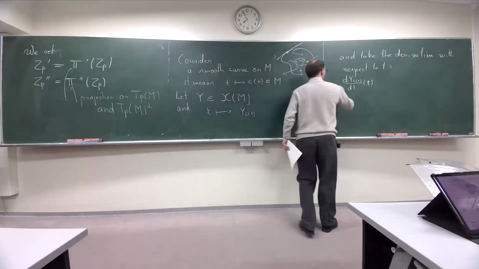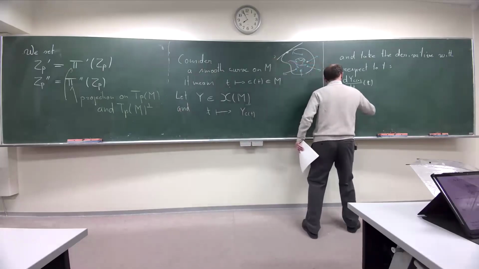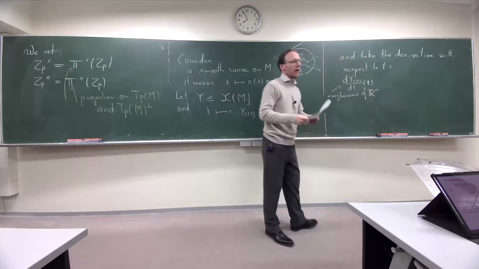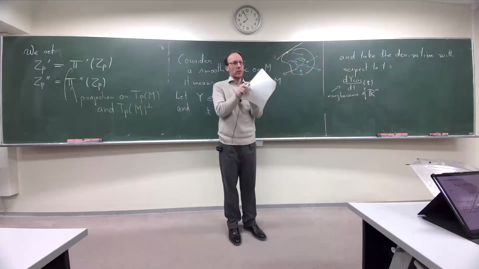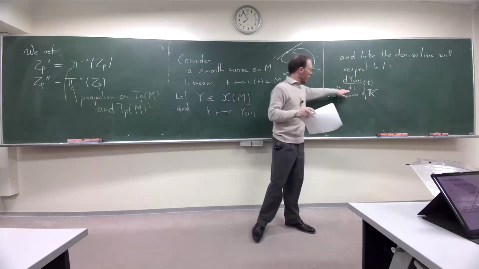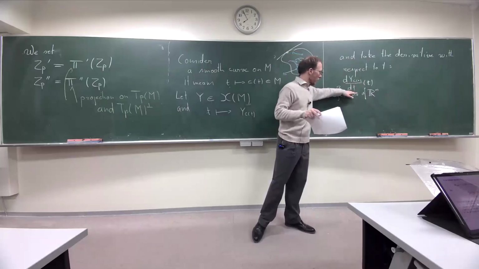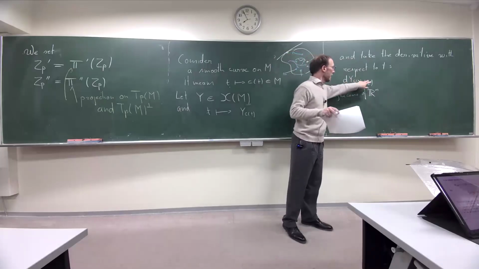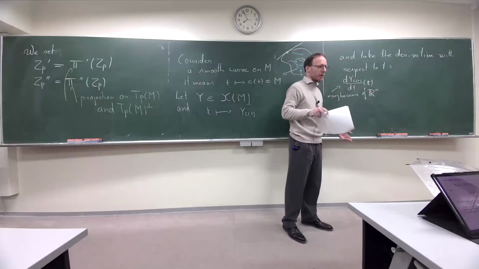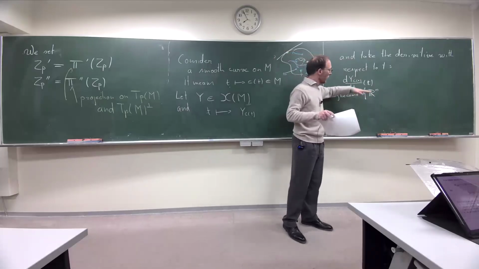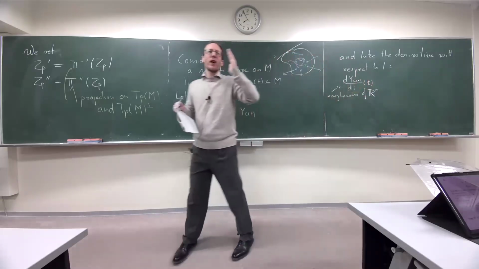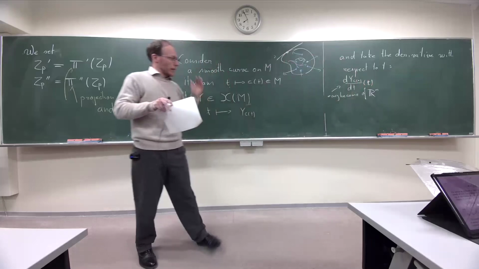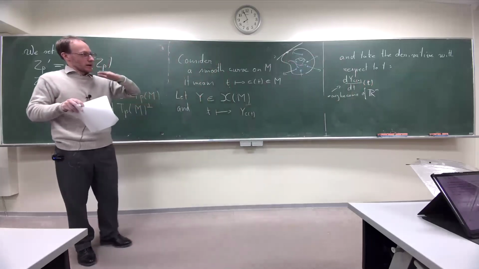Why is it easy? Easy because of R^n. Remember, for a derivative, you need to take two vectors which are close to each other, and you divide, you take the definition of limit. It's this at t plus epsilon minus this at t divided by epsilon, and take the limit when epsilon goes to 0. You can do it because you are in R^n. So the addition of two vectors, or the difference of two vectors, is well defined in R^n. We had a problem a long time ago if you don't have an ambient space.